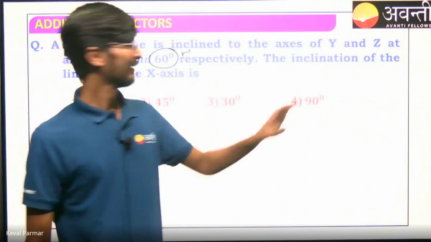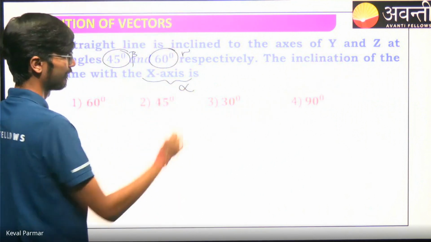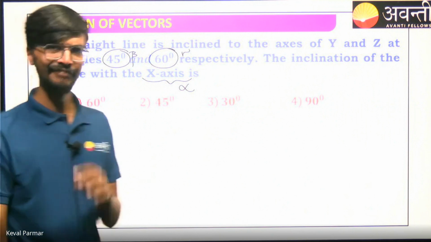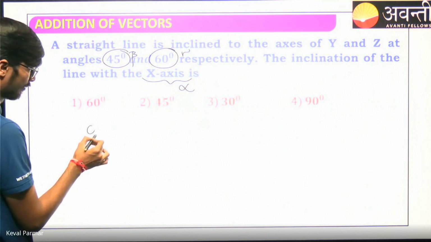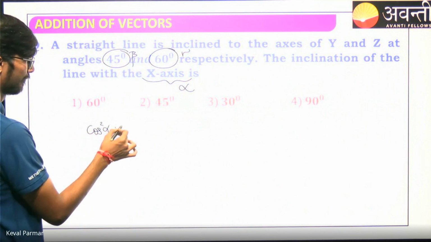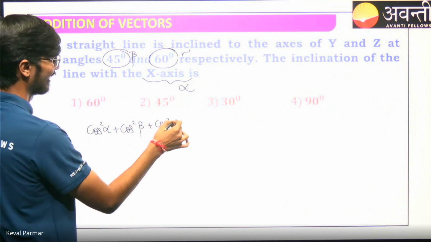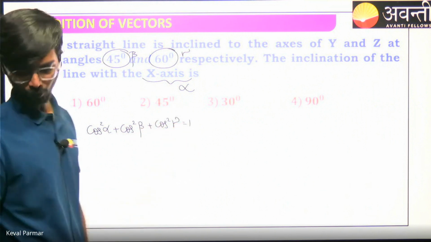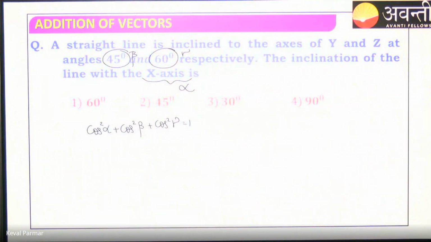Then we have to find the inclination of the line with the x axis, that means we have to find alpha. And we know only one relation in alpha, beta and gamma, that is cos square alpha plus cos square beta plus cos square gamma equals 1. Come on, I'll give you 1 minute only to do this, and let's see what you get for the angle alpha. Try it, guys.